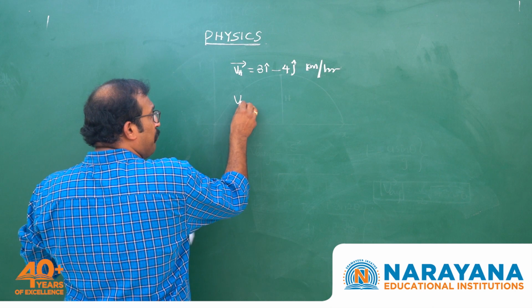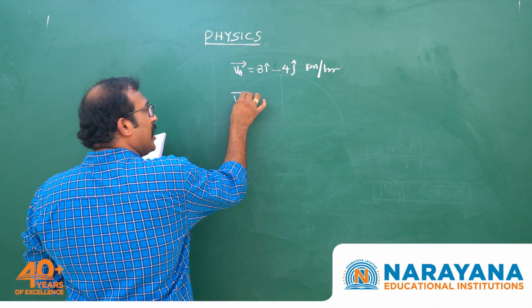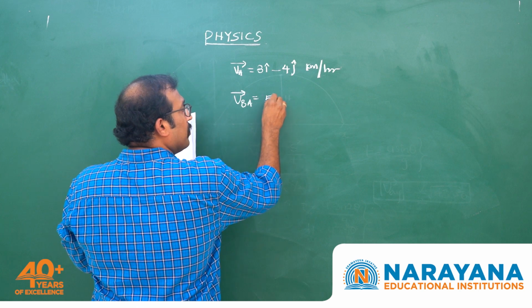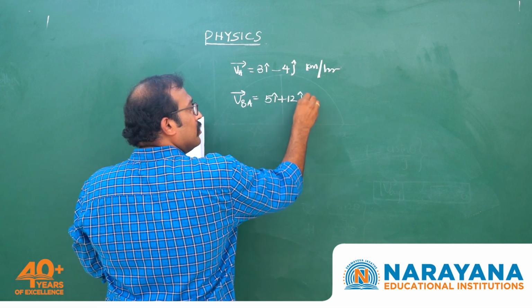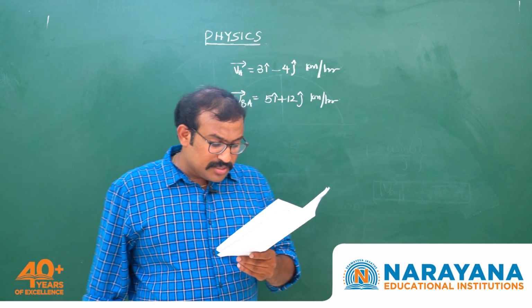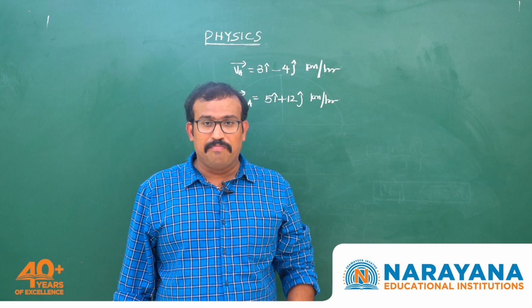Given that ship B with respect to A appears as 5i cap plus 12j cap kilometers per hour, it is asked, what is the true velocity of the ship B?